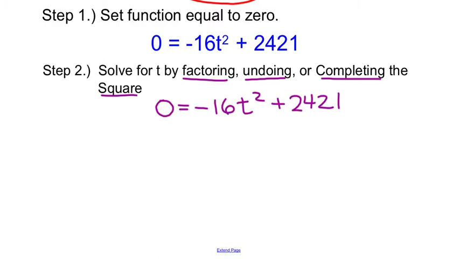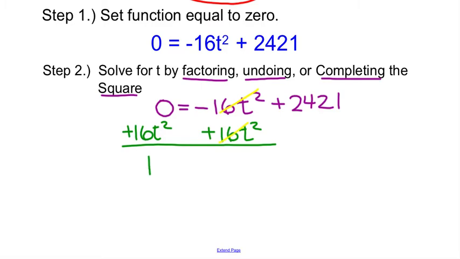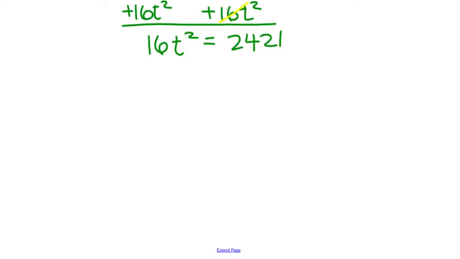So I'm going to undo and add 16t squared to both sides. So these cancel out, and we're left with 16t squared equals, and then on the right, 2,421. Then we continue undoing, so we're going to divide both sides by 16.